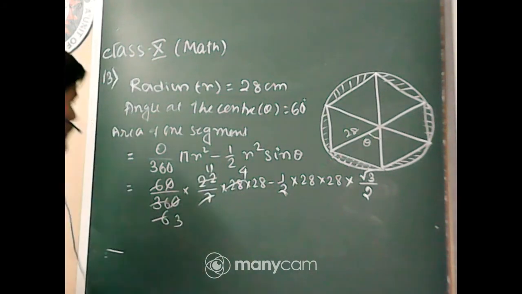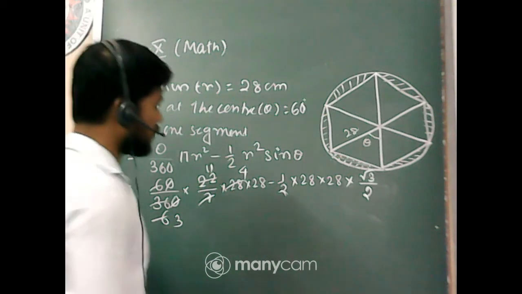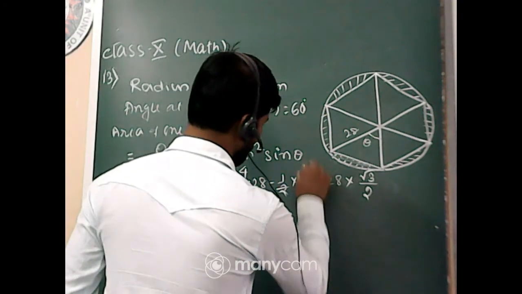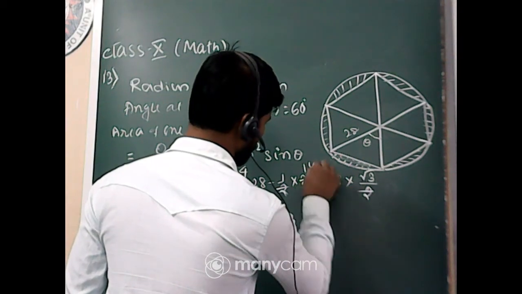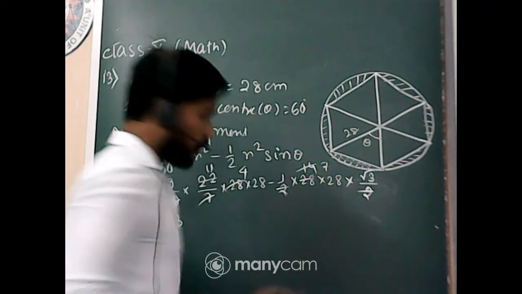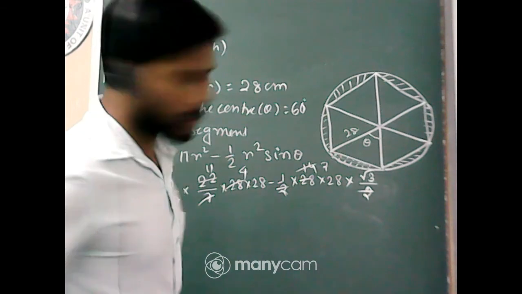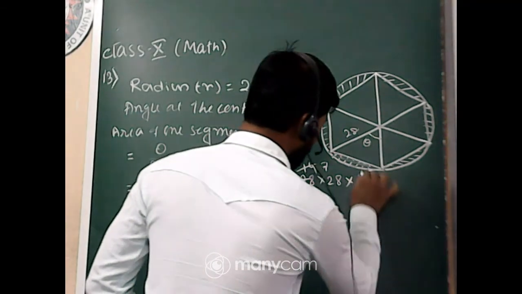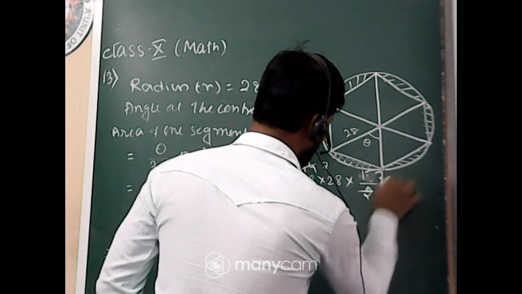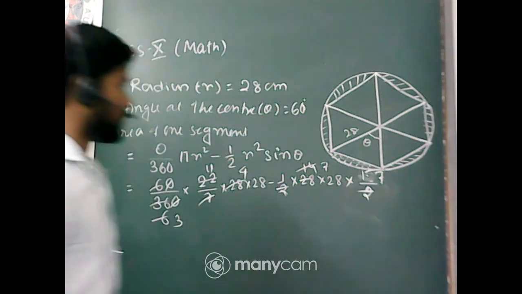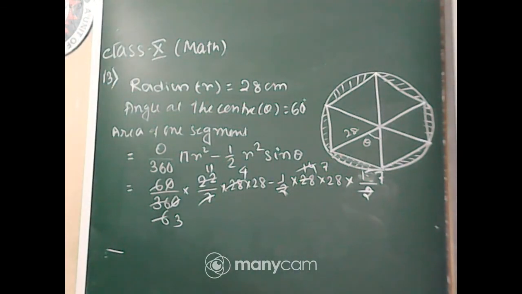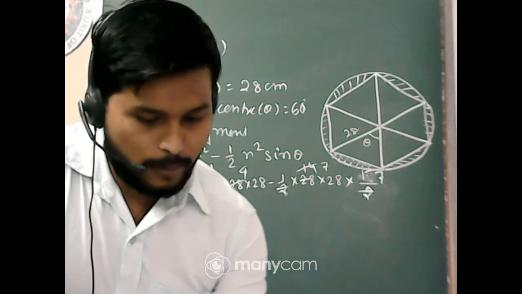So 28 into 44, multiply 28 and 44 and divide it by 3, and this side. The value of root 3 is given, root 3 equal to 1.7. Put 1.7 here, and then tell me the answer.